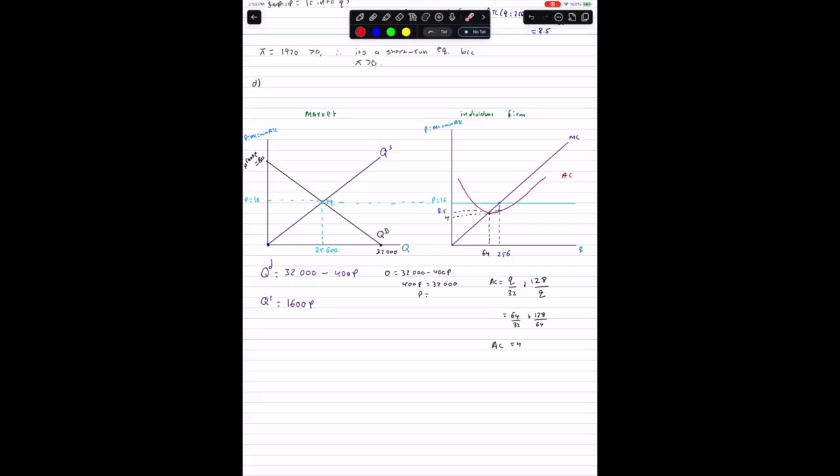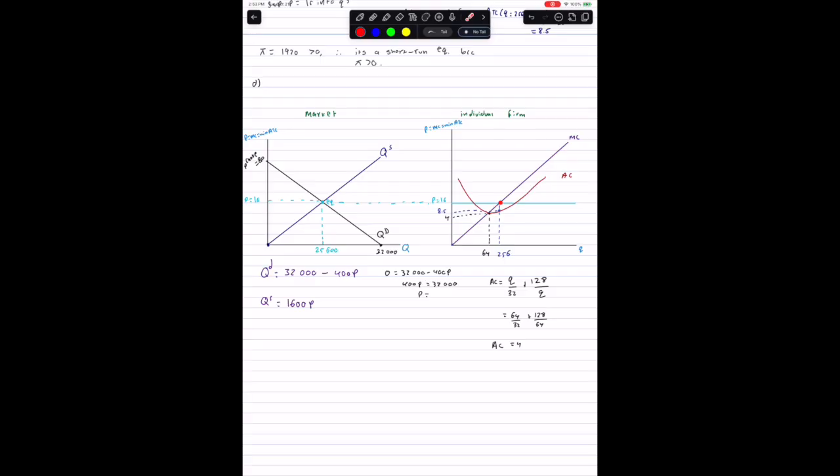I'm just going to go over this briefly again, now that the graphs are up. We have our market, we have our quantity demanded line, we have our quantity supplied line, and we have price equal to 16. We know when the price is equal to 16, quantity supplied in the market is going to be equal to quantity demanded in the market, and it's going to be equal to 25,600. We know each individual firm is a price taker, so their price is also going to be equal to 16.